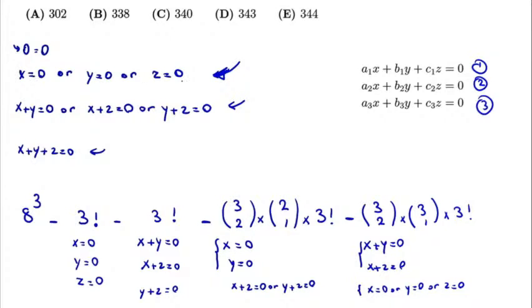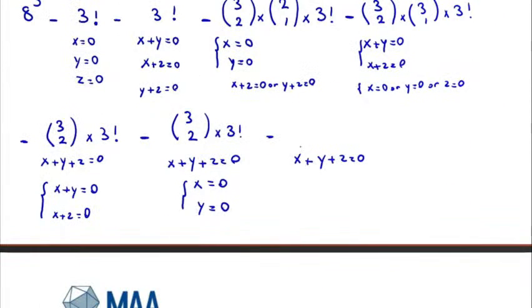So we considered 3 from each level. We have 3 levels, 2 from one level, 1 from other level. Now I want to consider 1 from each level. So x plus z, x plus y plus z equals 0. Now here x plus y equals 0. So here, from these two parts, we conclude z equals 0.